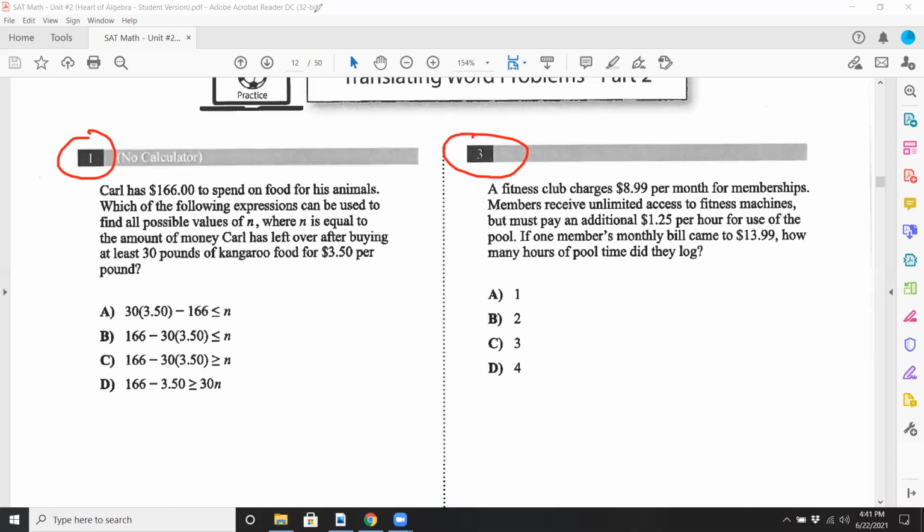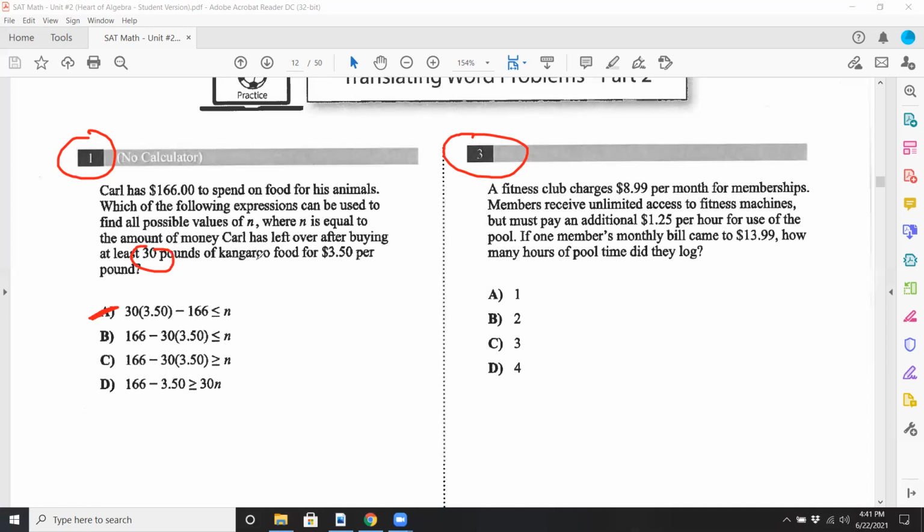Okay. For number 1, he starts with $166, right? And then he's losing money because he's spending money on stuff. So definitely it won't be A, because you've got to start with 166. And then how much money did he really spend?